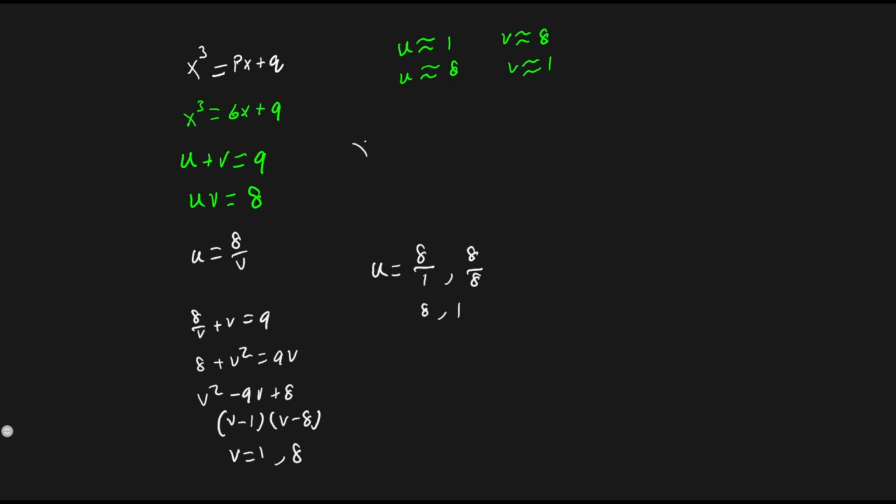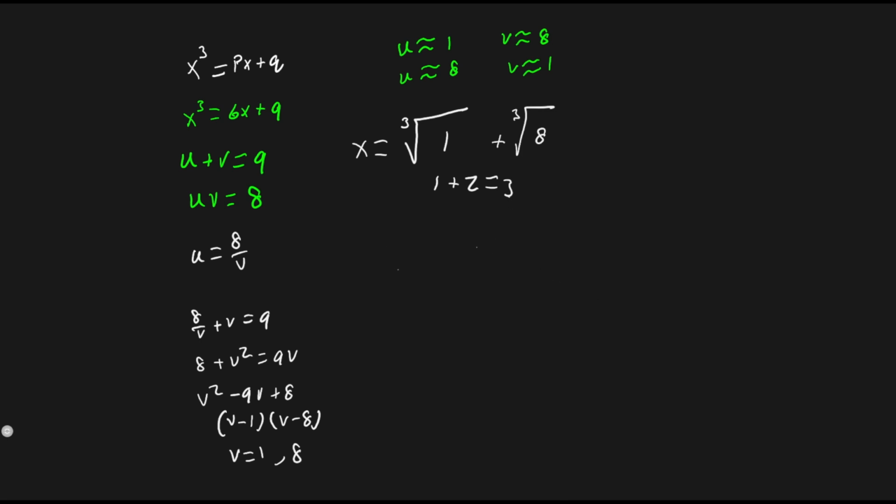And we can get x is equal to the cube root of u plus the cube root of v, which is 1 plus the cube root of 8. And we will get 1 plus 2 is equal to 3, which is going to give us that it is indeed our solution for our cubic.